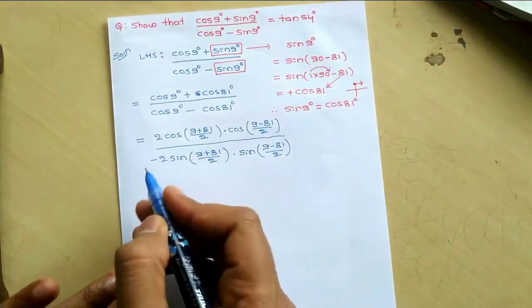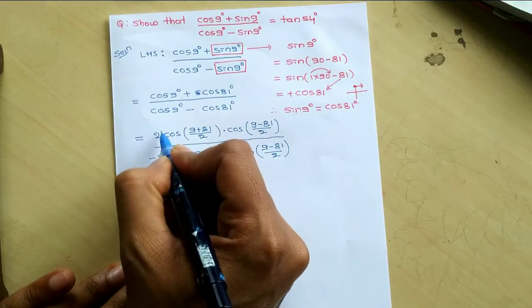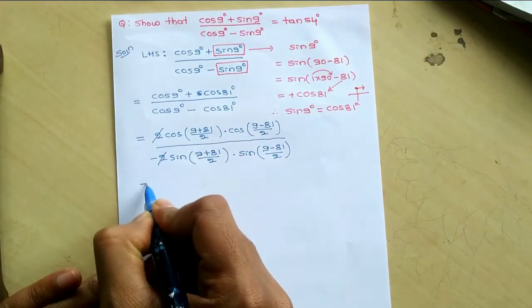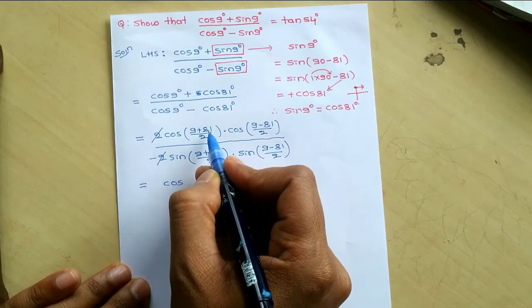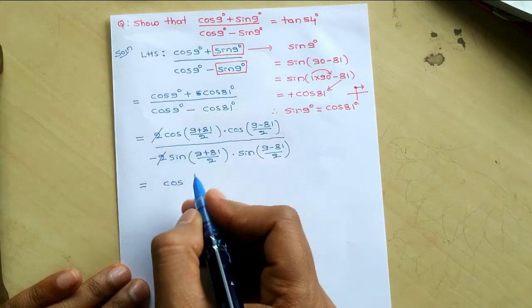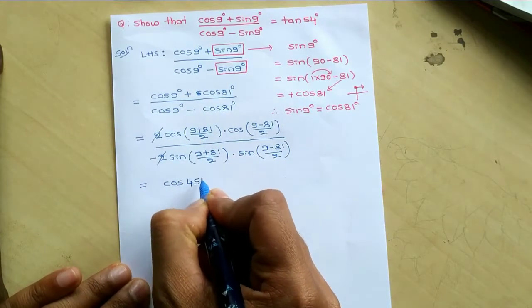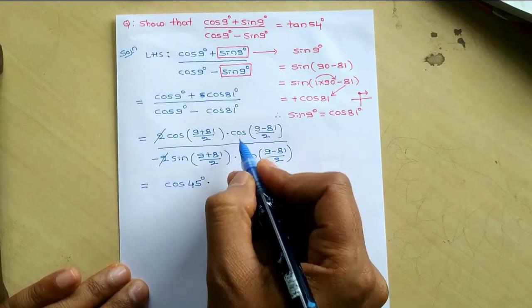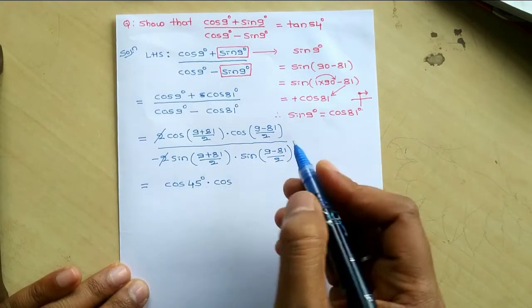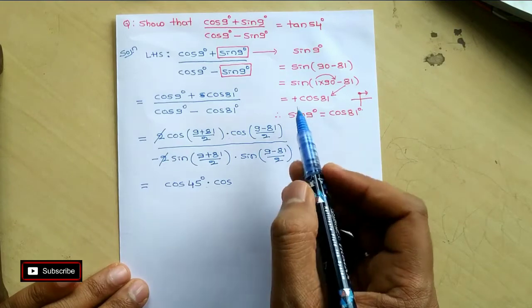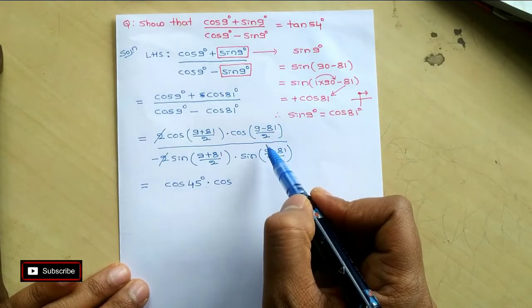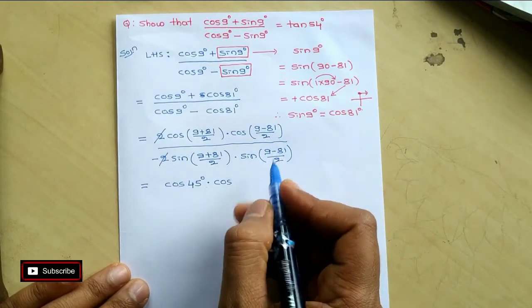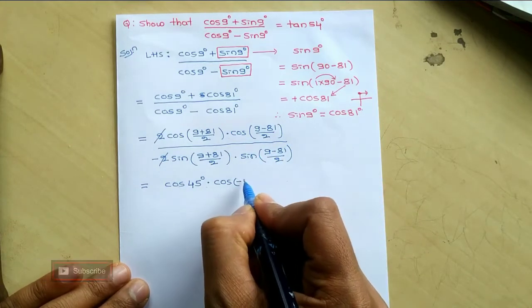So next. Simplify. In the next step, here you can cancel 2 and 2. So which is equals to cos. So 9 plus 81 is 90. 90 divided by 2 means how much here? 45 degree into cos. So next one is what? 9 minus 81 divided by 2 means minus 36 you will get.